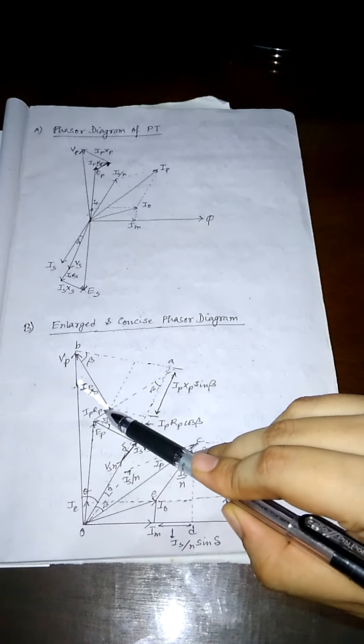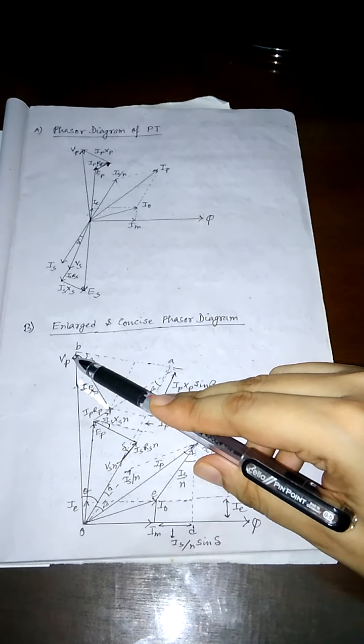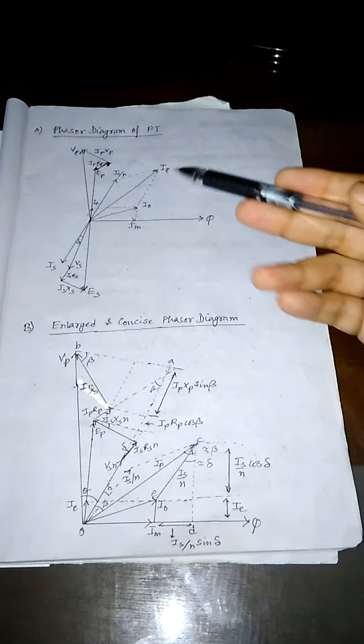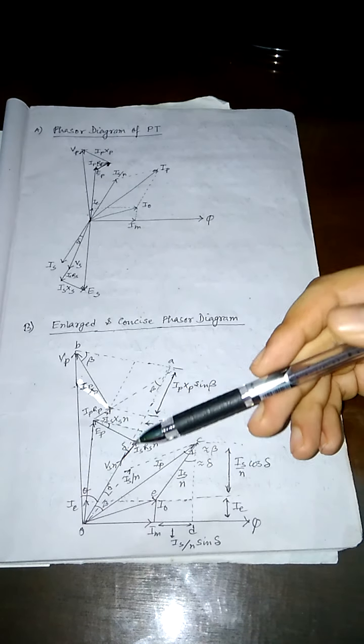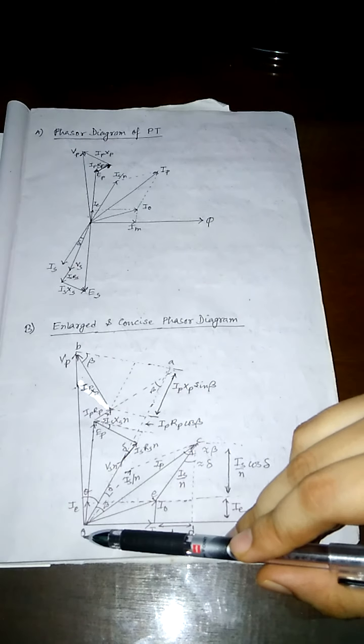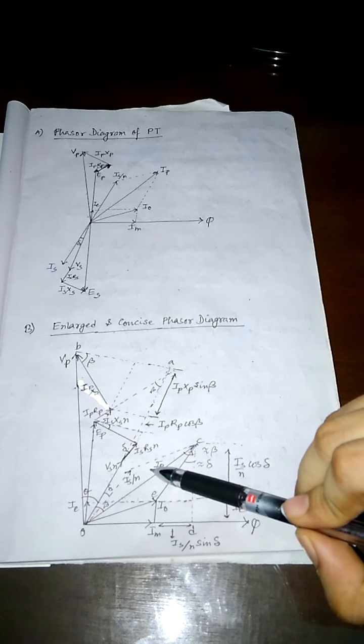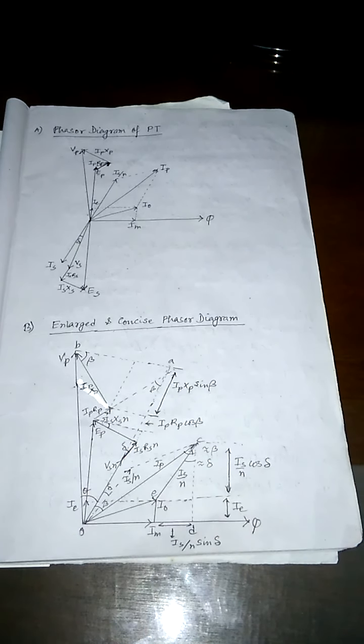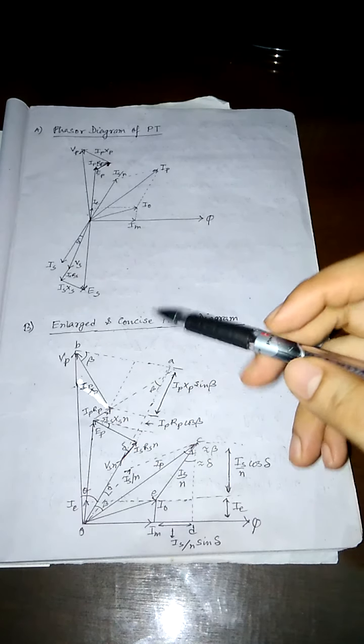So like that, this is the IpRp component, this is the IpXp component. So what is the change? Actually we are reversing the secondary voltage phasor and the secondary current phasor, and by that we are getting this term.